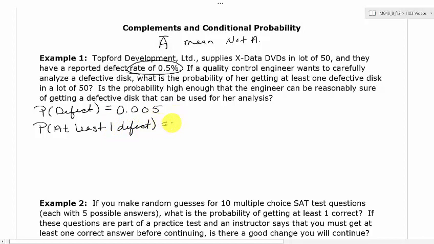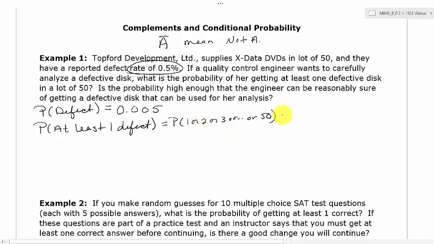And at least one means the probability of 1 or 2 or 3 or all the way up to 50, since there are 50 disks in the lot. This would be a really big and yucky calculation to do, and the only thing that's not included in this list is 0.